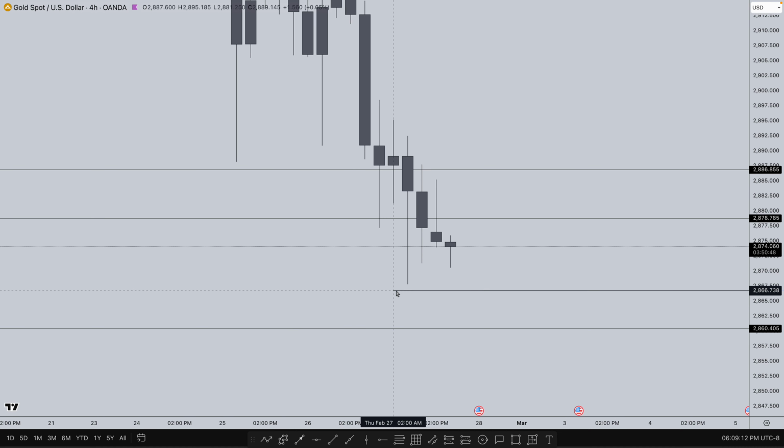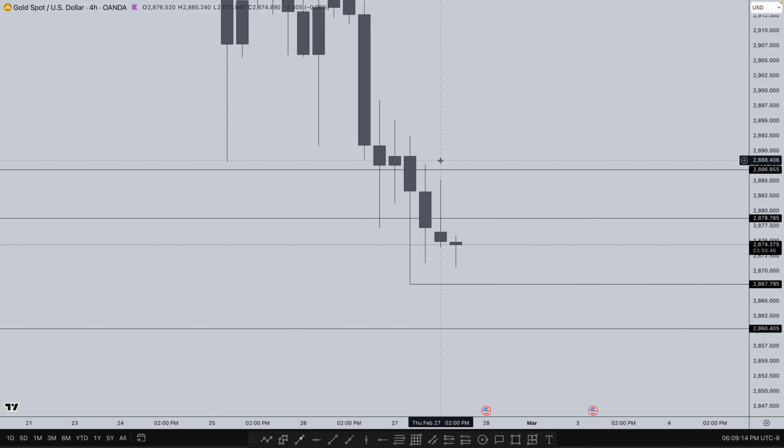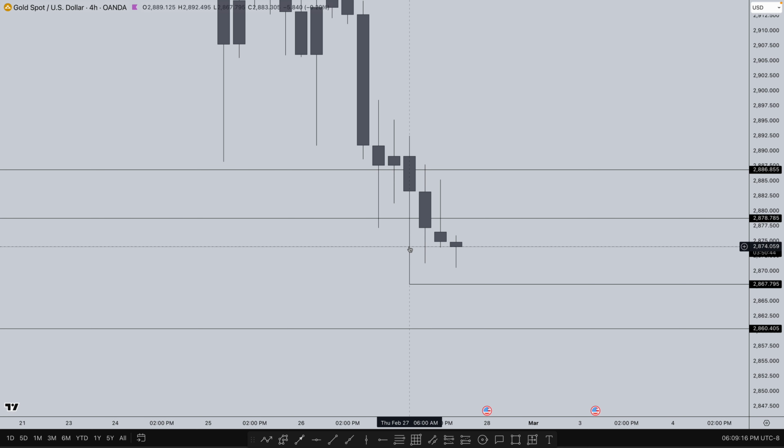And then we want to see some breaks of structure to the upside as well, right? This is the lowest candle, so we swept these lows here. We want to see a break here, but also here as well. But this candle's not done. But you want to see a break above these highs minimum, because if you can't even get above these highs, don't even think about trying to attack the rest.